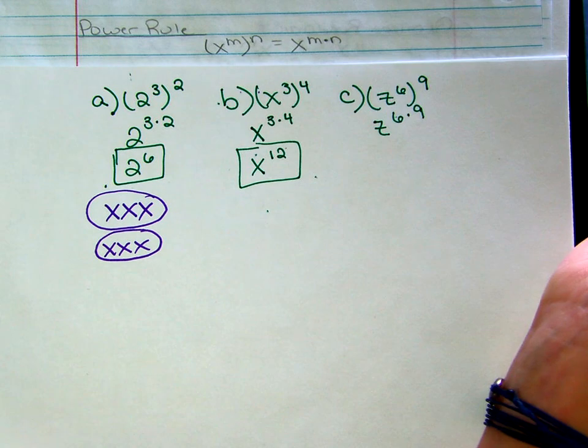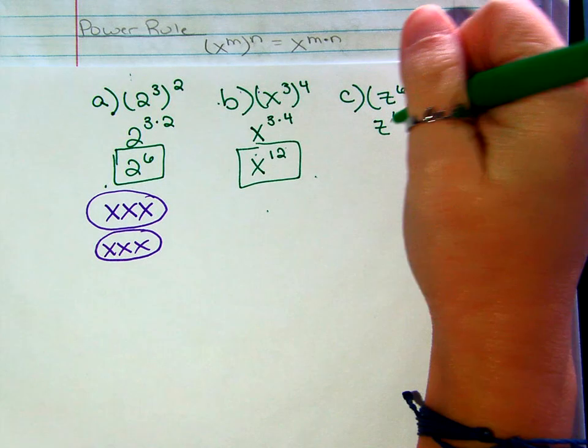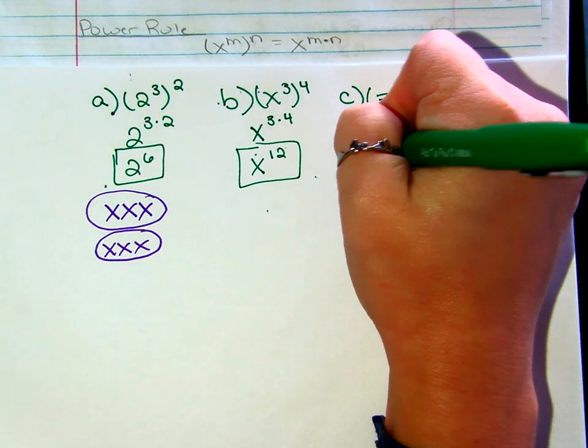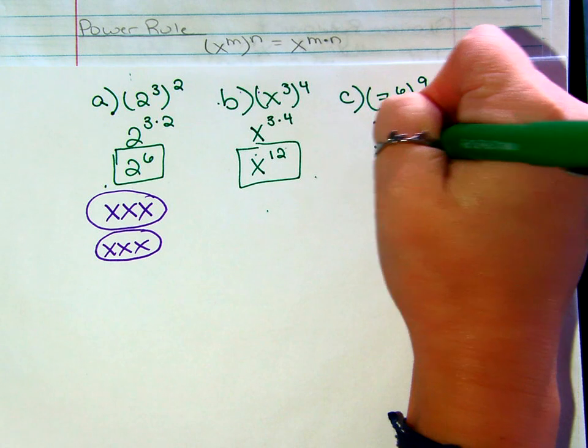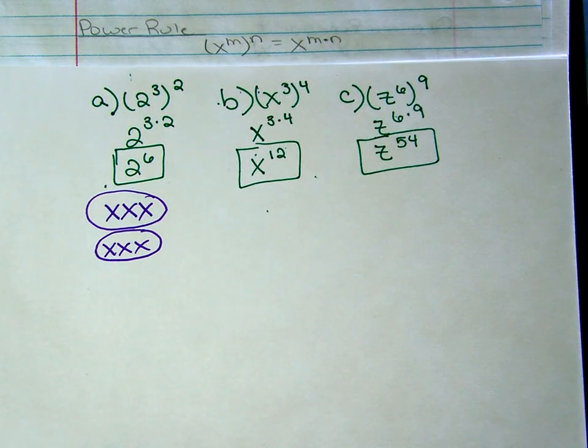Z to the 6th raised to the 9th would be Z to the 6 times 9, which is Z to the 54th. Any questions at all before we make it a little bit more complicated?